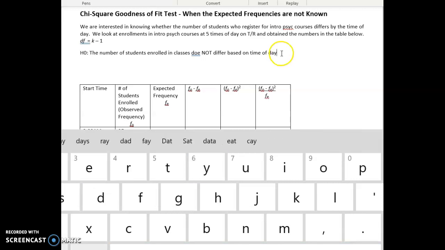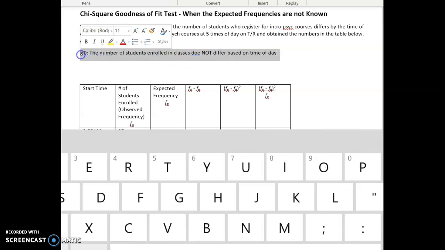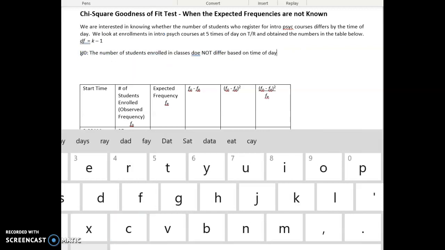Then we can select this whole thing here, and we're going to copy that.